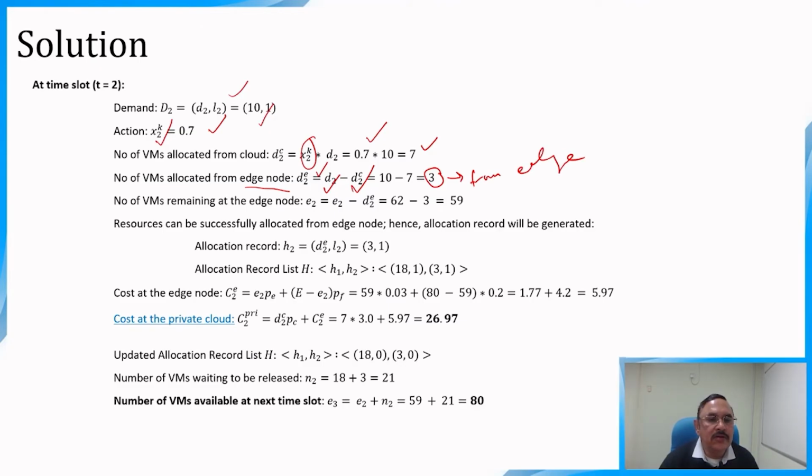Now, the number of virtual machines remaining at the edge node is equal to E2 minus d_e2, that is E2 is 62, the available virtual machines on the edge, minus 3 which is required, so the remaining will be 59. The resources can be successfully allocated from the edge node, hence the allocation record will be generated.